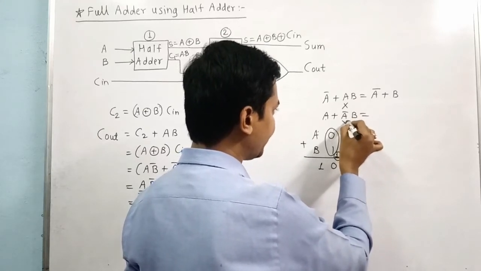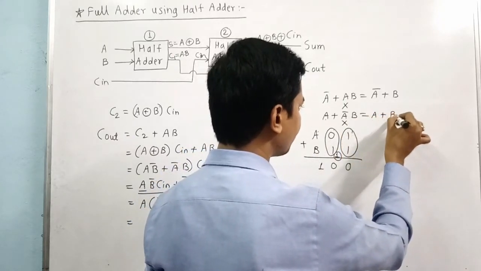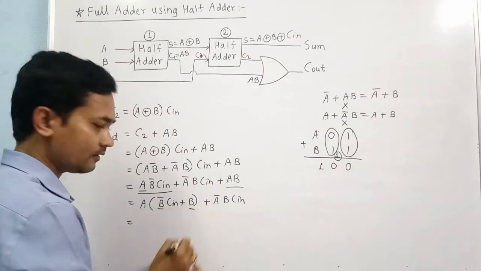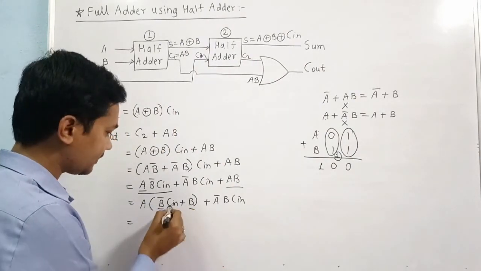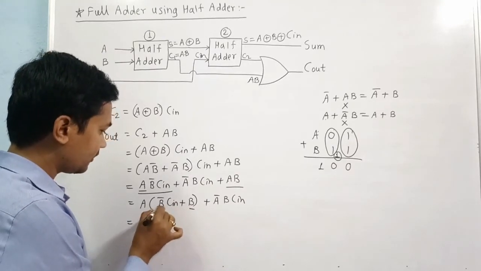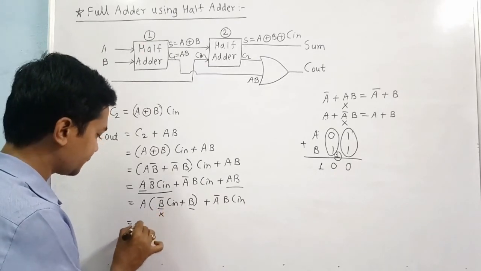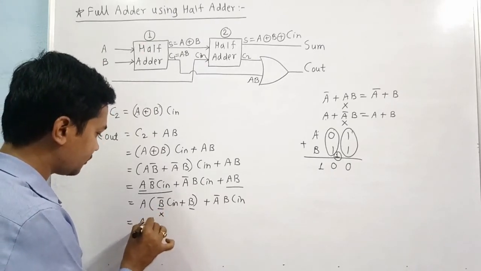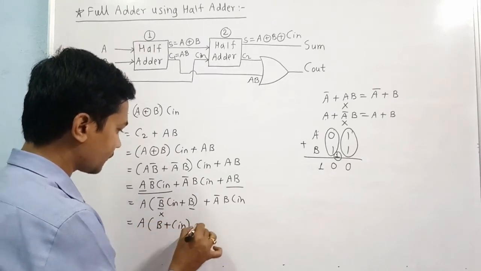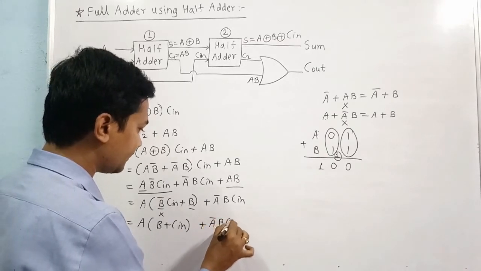Then this complemented variable will be cancelled, and what remains is A plus B. In the same way, this B bar and B are complements of each other, and the third term C in is multiplied here, so this multiplied complemented term will be cancelled. We cancel B bar here, and the expression reduces to B plus C in. Then the third term remains as it is.